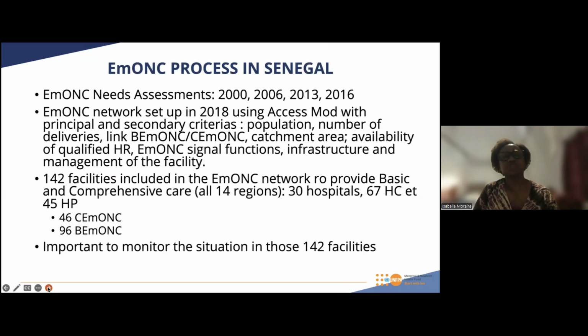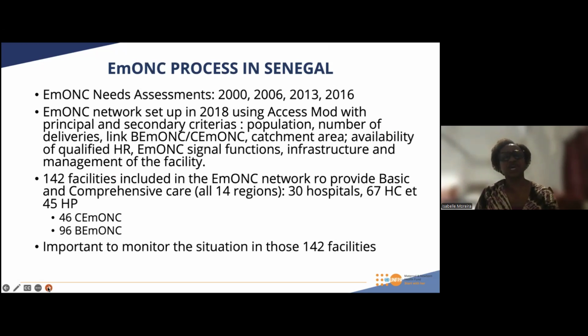As I just mentioned, Senegal has done several needs assessments and has set up a new EmONC network, based on the fact that every facility cannot provide all those basic and comprehensive care. The network identifies facilities that should provide basic and comprehensive care, also using AccessMod to deal with the macro-level population with some other criteria.